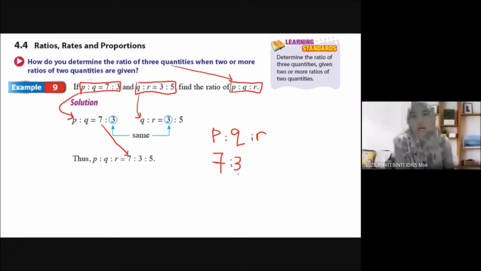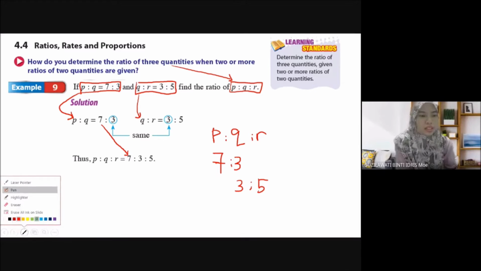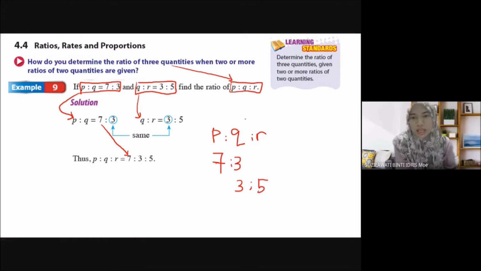Then Q to R, we write under this part, which is 3 to 5. From this combination method, you can see that Q in the middle, the value is the same.